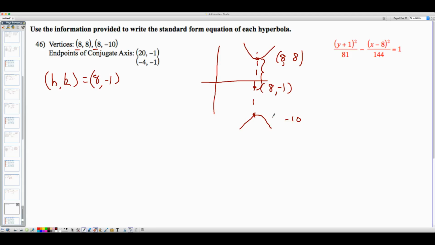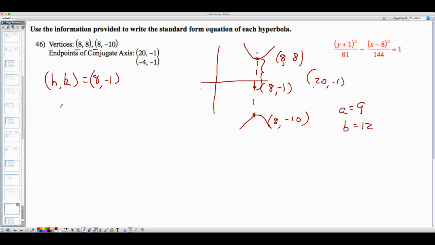The distance from -1 to -10 is 9. So my a value is equal to 9. Now, to go to the conjugate axis, I'm at -1, and to get to 20, -1, my b value is going to be equal to 12. And same thing, if I went in a negative direction, it would get me to -4.